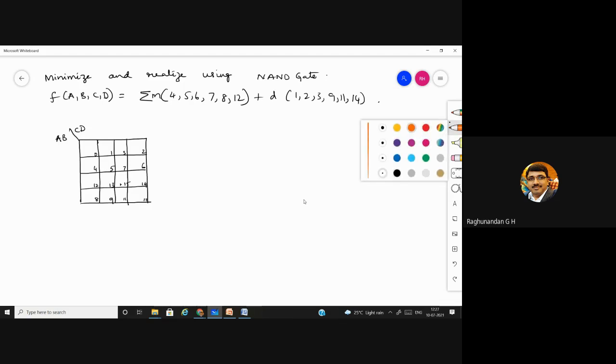Now we will write the values, whatever we have got. At 4, 5, 6, you should write 1. 7 is also 1, 8 is also 1, 12 is also 1. Okay. And the don't care positions are 1, 2, 3, 9, 11, 14.